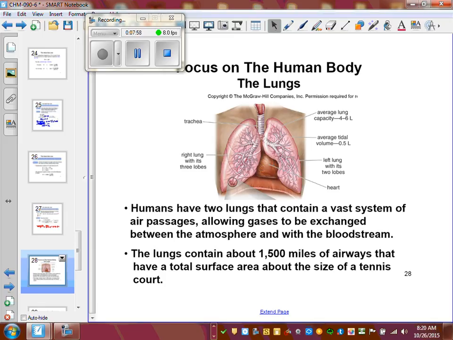Also, a lot of drugs can be given through your lungs. People who have asthma take asthma inhalers, and people who use other forms of drugs sniff them because they get absorbed very quickly through your lungs.